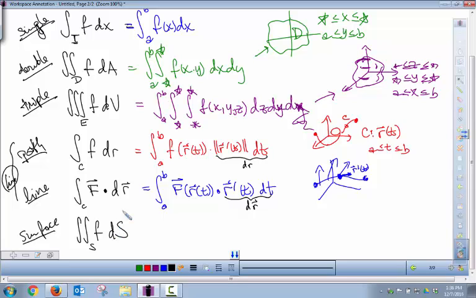So the next integral is a surface integral, which extends our idea of a path integral to 2 dimensions. So instead of a one-dimensional curve that we're talking about, your surface now is a 2-dimensional object, and the dimensions will match the number of parameters that you have.